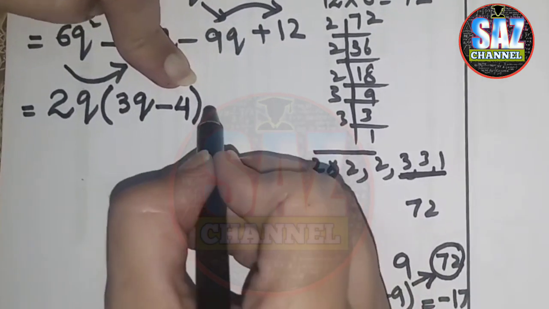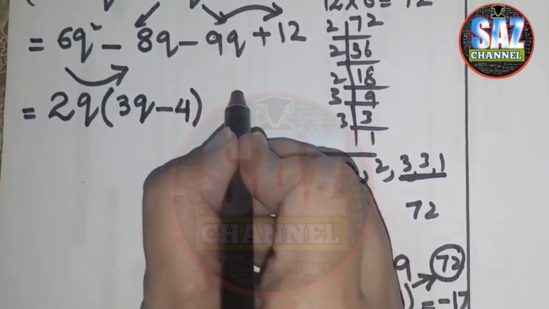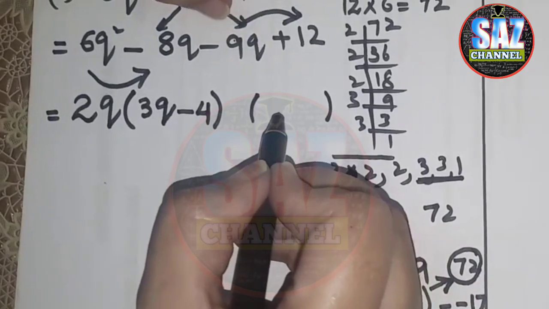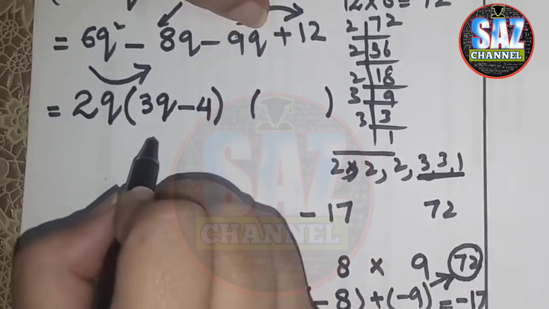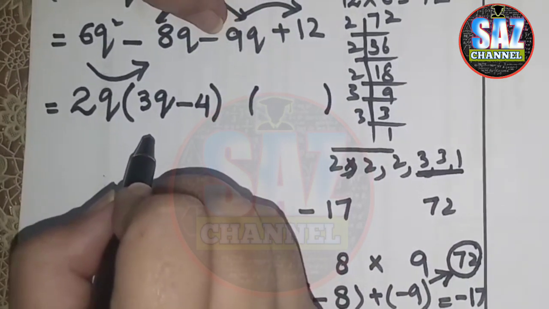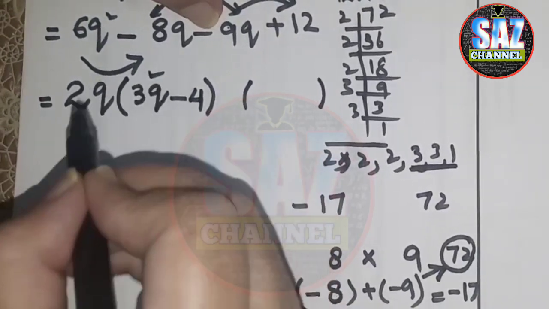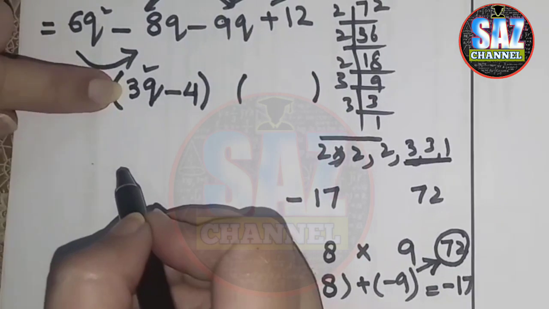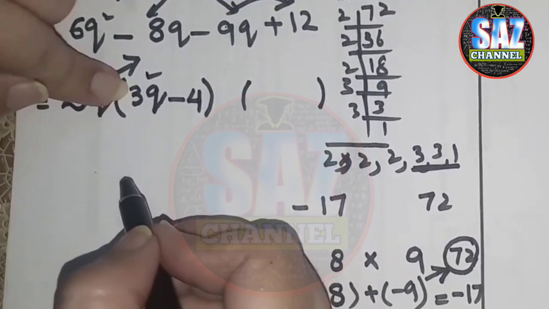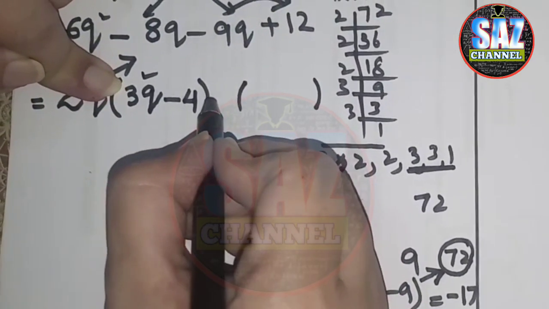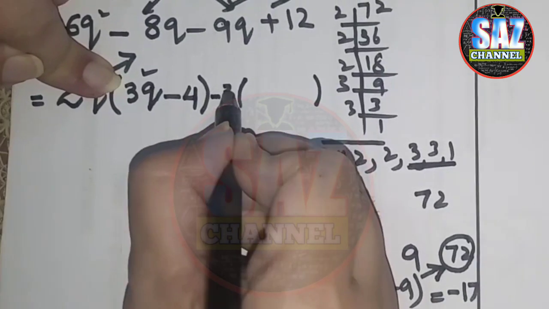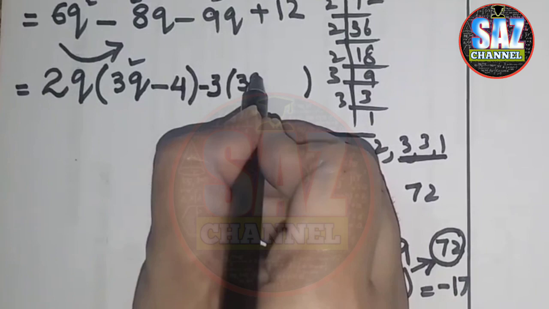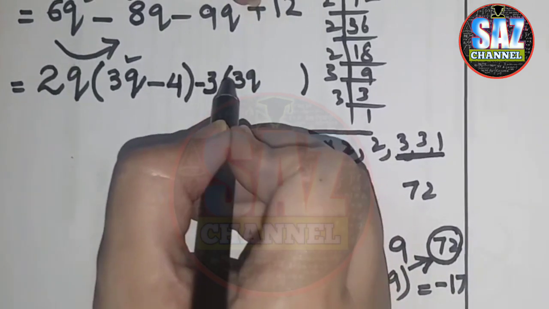Coming to the second group, this is the important step, what should I take common. If I'm looking at 9q here, q has the negative sign, but in the previous group q has the positive sign. To make the term similar to this, I have to take minus 3 outside, and inside the bracket I will be left with 3q, with positive sign.